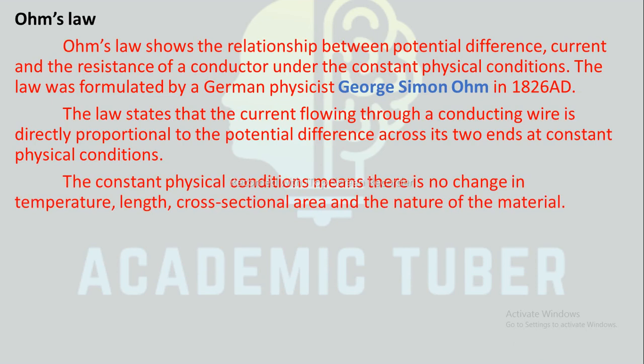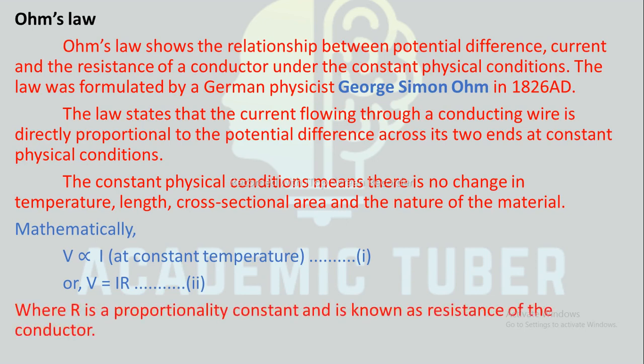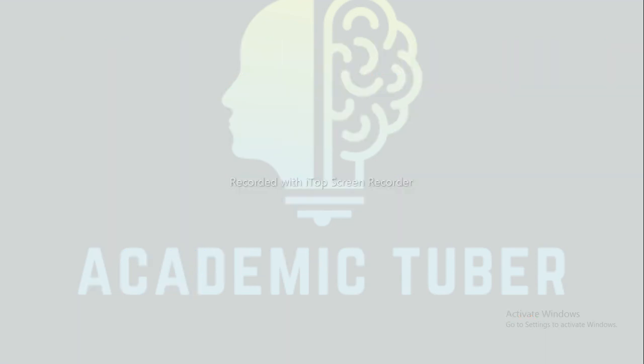The constant physical condition means there is no change in temperature, length, cross-section area, and the nature of material. Mathematically, V is directly proportional to I at constant temperature, or V equals IR, where R is a proportionality constant and is known as resistance of a conductor.